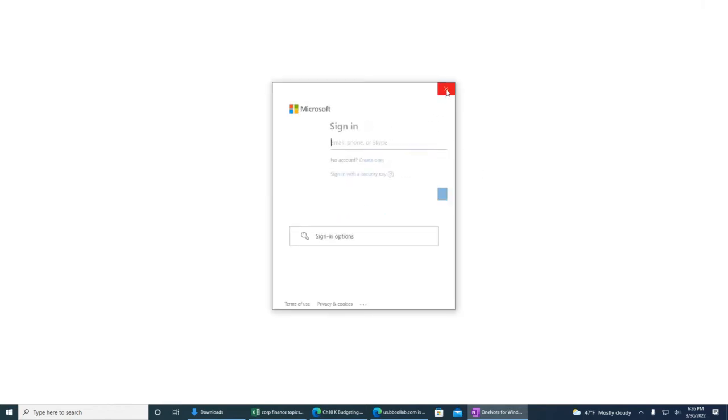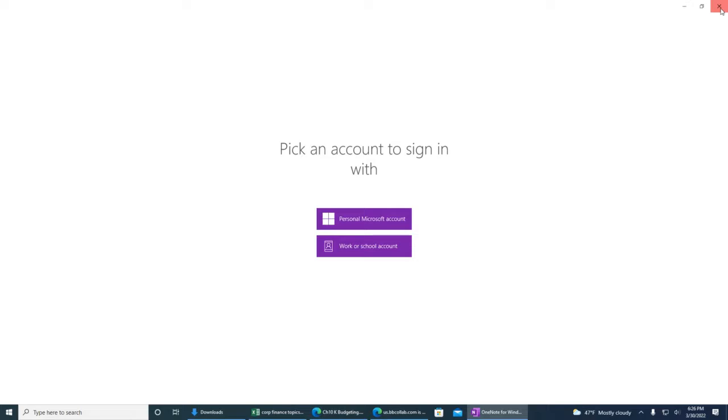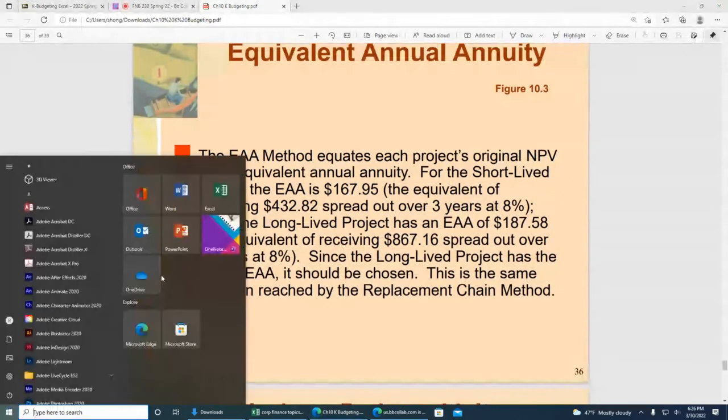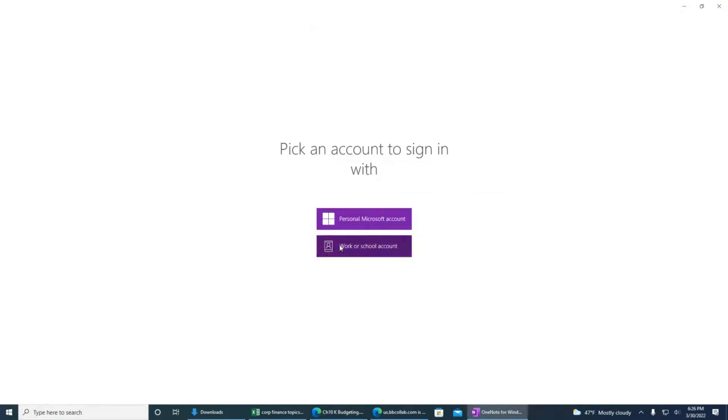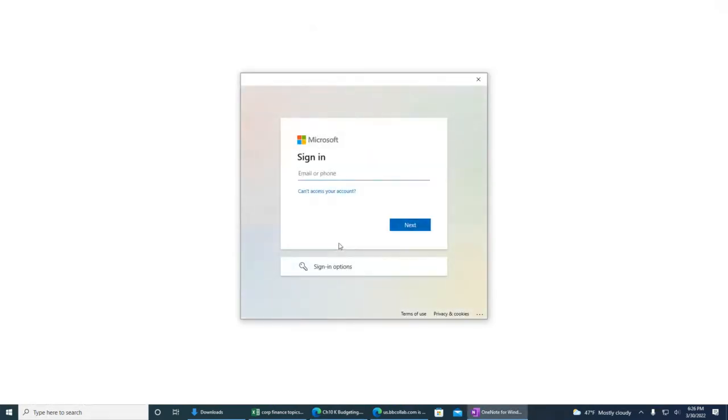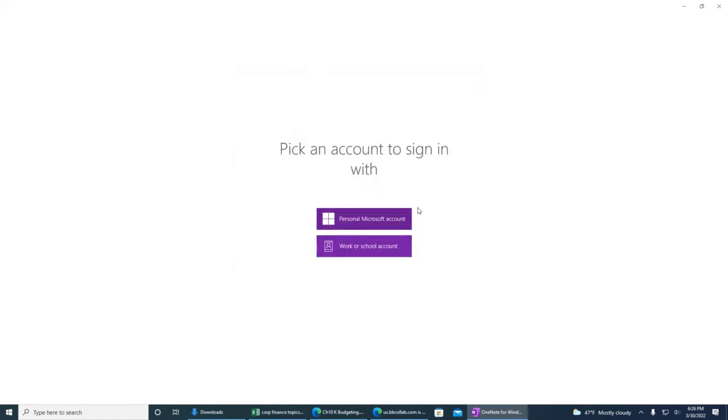I don't have... Still wants me to do this. Even OneNote? It's giving me such a hard time.